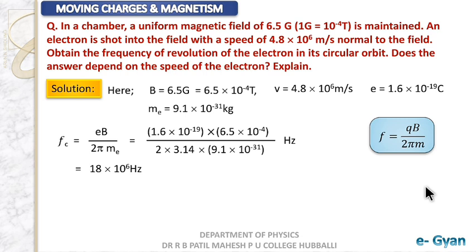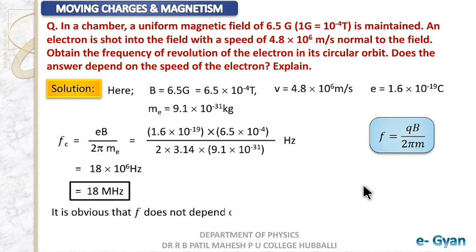Hertz is the SI unit of frequency. Moving ahead, we can write it to be 18 megahertz, that is, 10 raised to 6 can be written as mega.